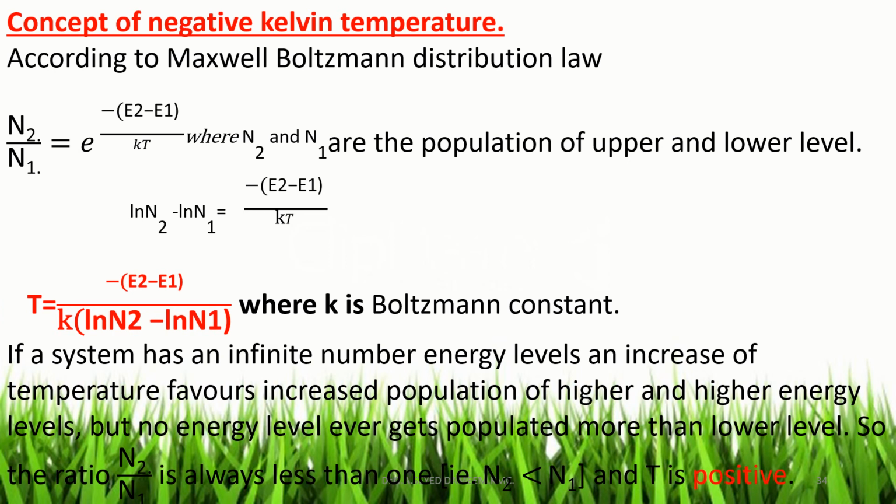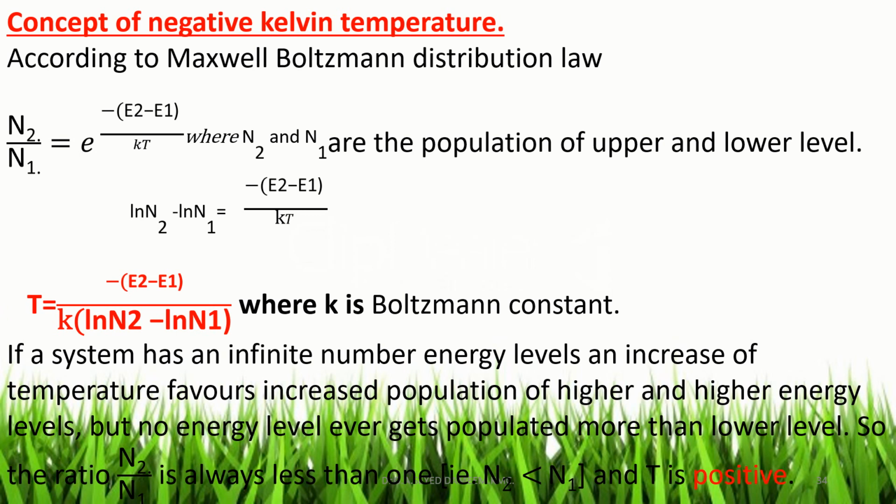So I am taking the logarithm, and by simplifying, T is equal to minus within the bracket E2 minus E1 divided by k, the Boltzmann constant, within the bracket ln N2 minus ln N1. If a system has infinite energy levels, an increase of temperature favors increased population of higher and higher energy levels, but no energy level ever gets populated more than a lower level.